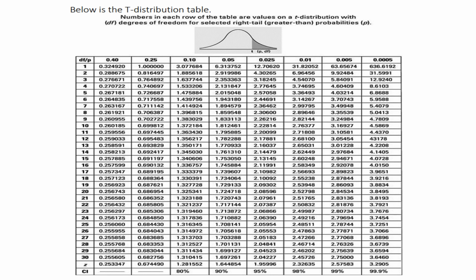Now, in your first column here, this will be your degree of freedom. So your degree of freedom is equal to n minus 1, or simply your sample minus 1.